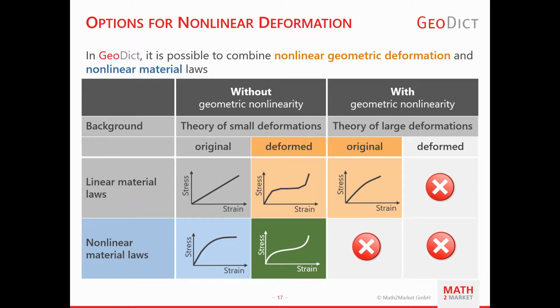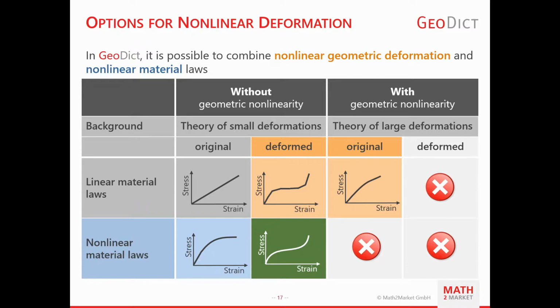In the theory of small deformations, the deformations must be a lot smaller than the size of your structure, and because the deformations are that small, rotations are omitted. Of course, if you have a large deformation, you need the rotations. For example, if your fibers are supposed to align into a load direction, then the theory of large deformation applies, and that is in Geodict behind with geometric nonlinearity. So with geometric nonlinearity, you can simulate large deformations.